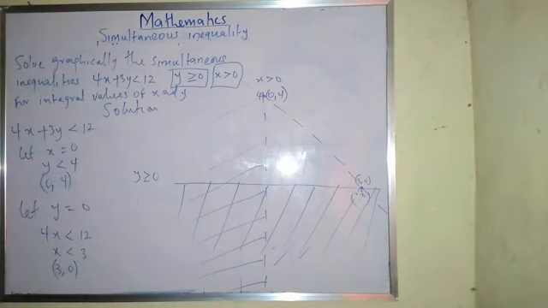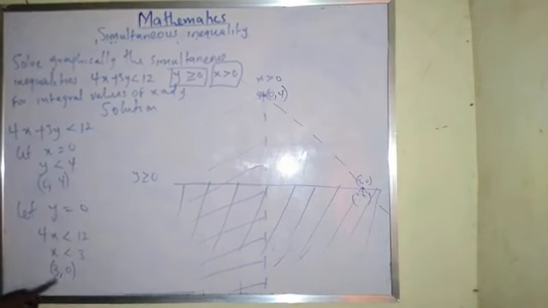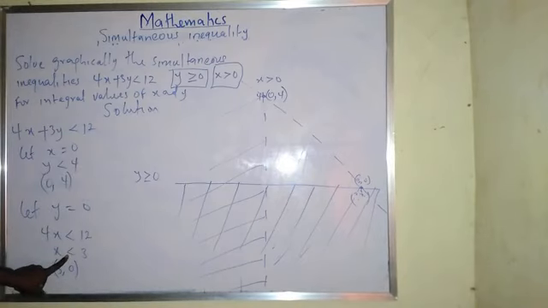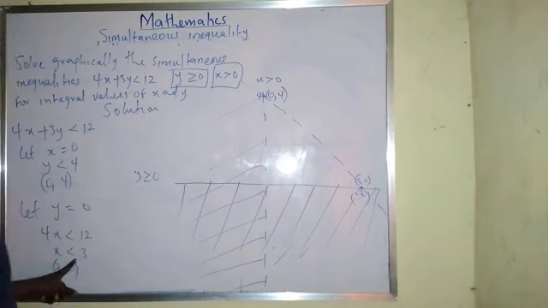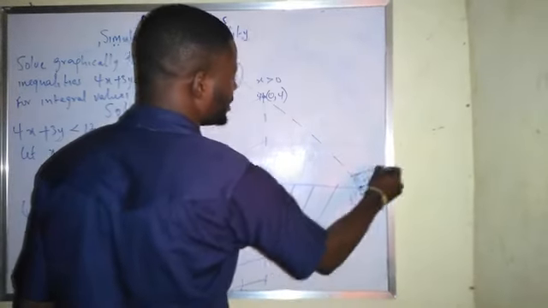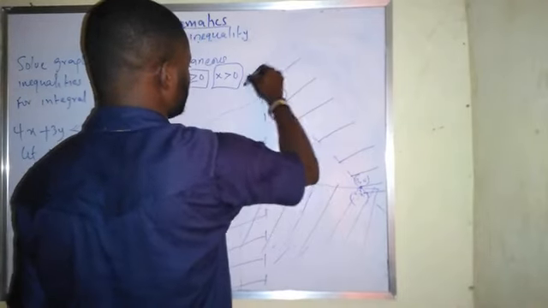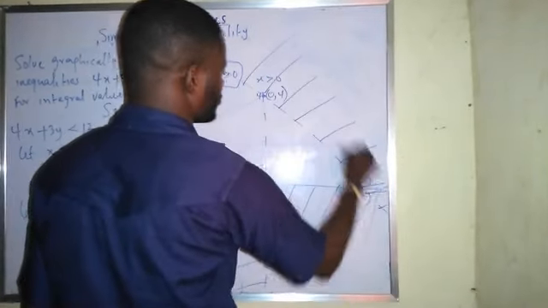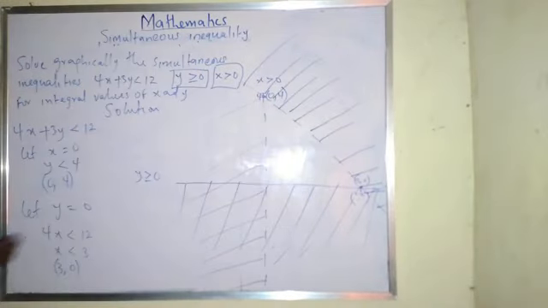What x is saying will determine what y will say. Now, my x is less. Once it's less, the greater part, I don't need it. Okay. That is all about that.